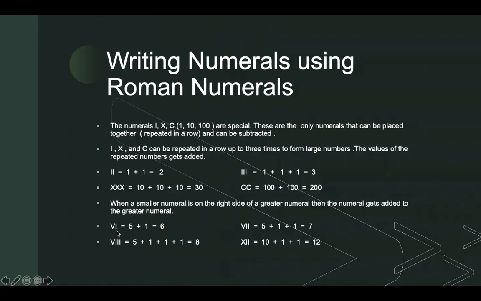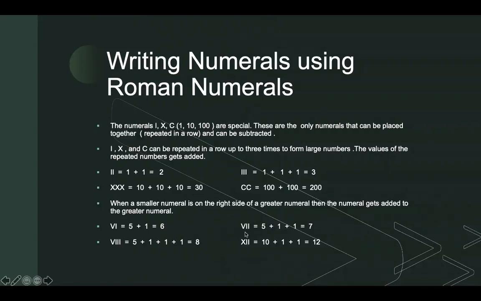The value of V is 5 and the value of I is 1. So we add 5 plus 1, that is 6. So the value of this Roman numeral is 6.